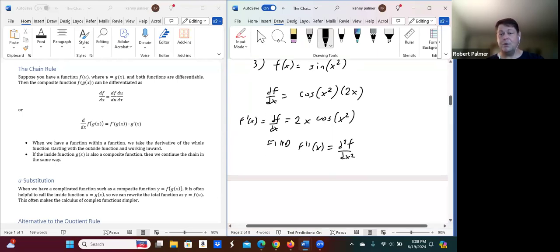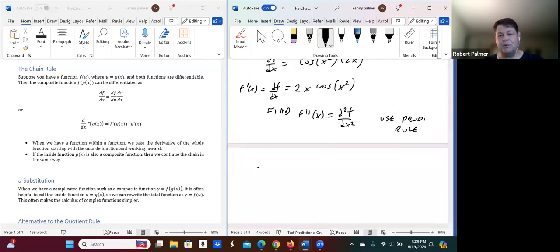What that means is we're just going to take the derivative of this whole thing. Now, if you notice here, this has two functions of x multiplied together, so you have to use the product rule along with the chain rule. So a little more going on, but that's okay. So d squared f over dx squared.